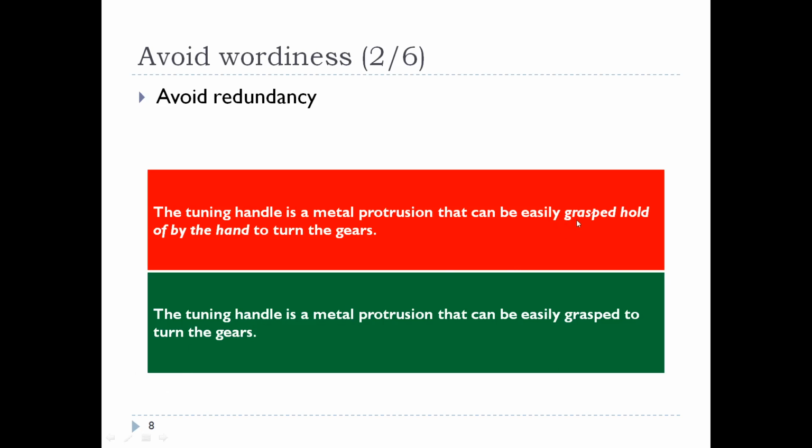Some readers might get confused, since grasp also means holding something by the hand, and you're mentioning "by the hand" here. Redundant words not only increase the number of words in your sentences, making them wordy, they may also confuse the reader. So you should be avoiding redundant words.